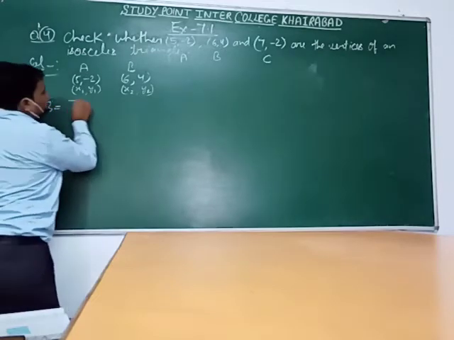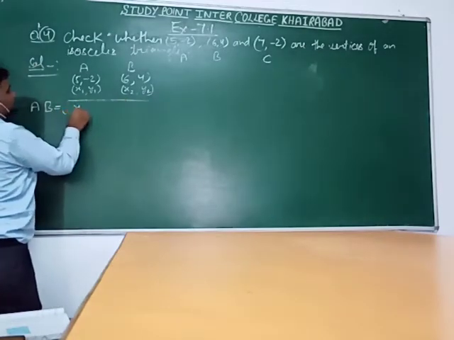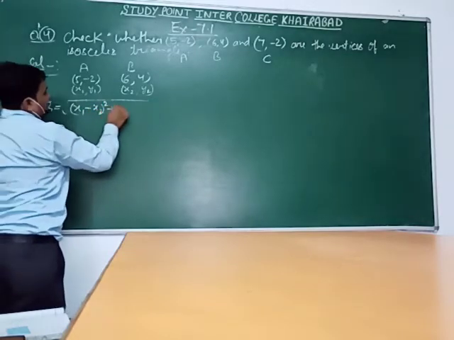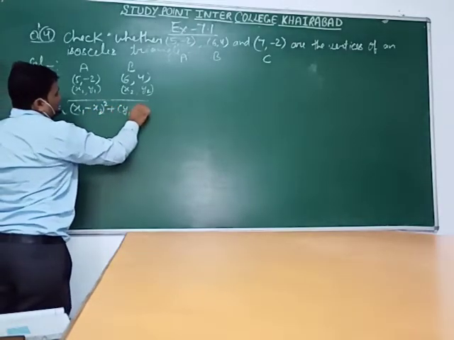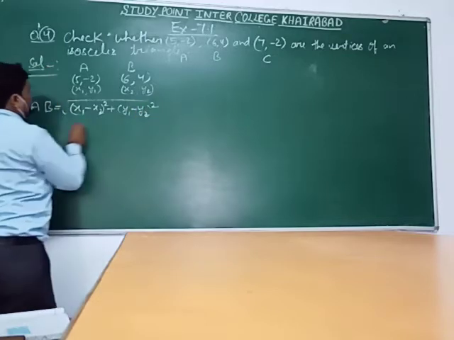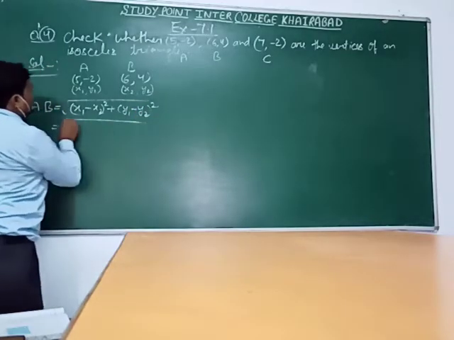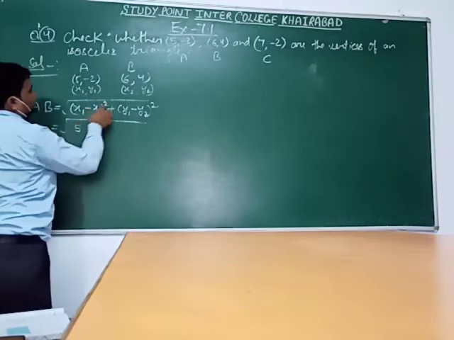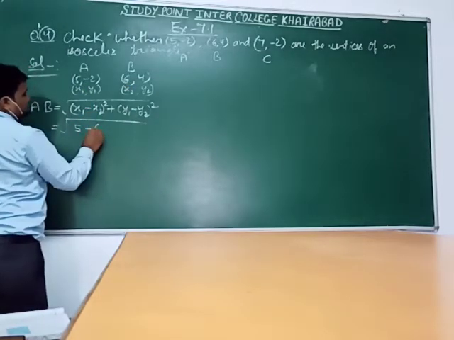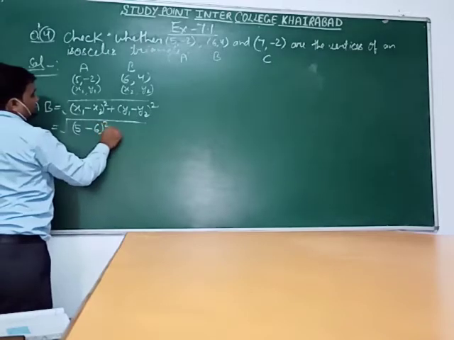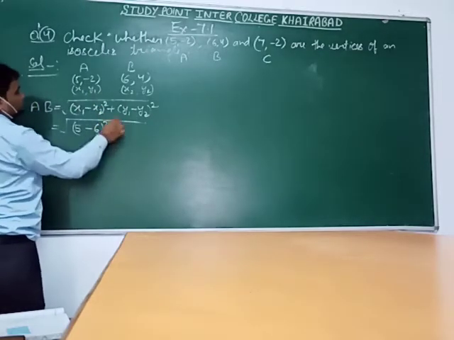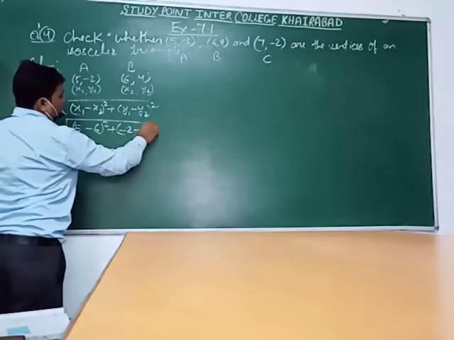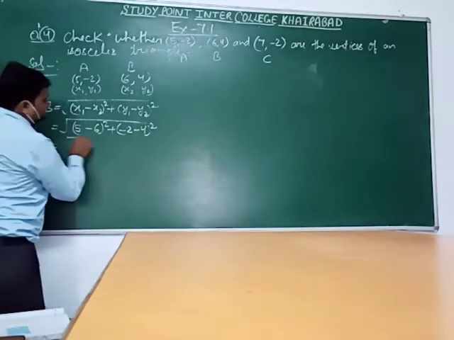AB is equal to the root of (x1 minus x2) whole square plus (y1 minus y2) whole square. x1 is 5 minus x2 is 6, whole square, plus y1 is -2 minus y2 is 4, whole square.